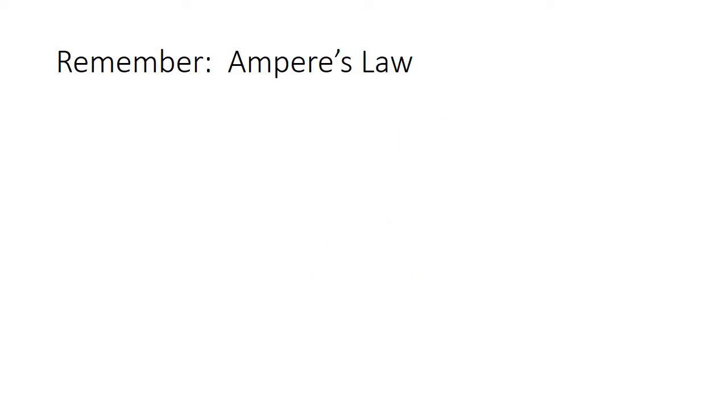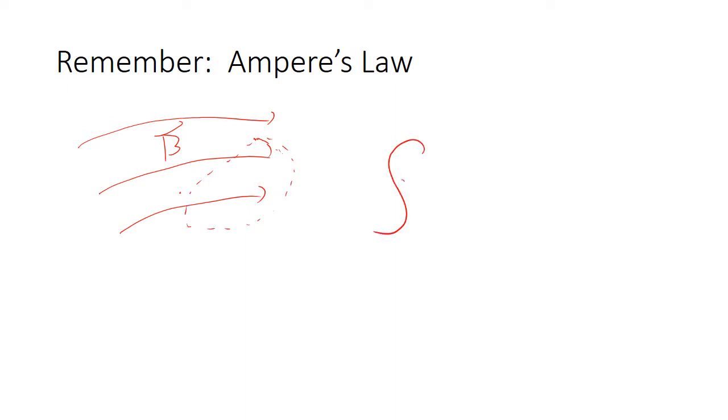Refreshing your memory, the bulk of chapter 29 was an introduction of Ampere's law. So Ampere's law says you've got a magnetic field, and the magnetic field is going somewhere. If you were to take a closed path in the magnetic field, the integral around that closed path of B dot ds equals mu naught times the current.